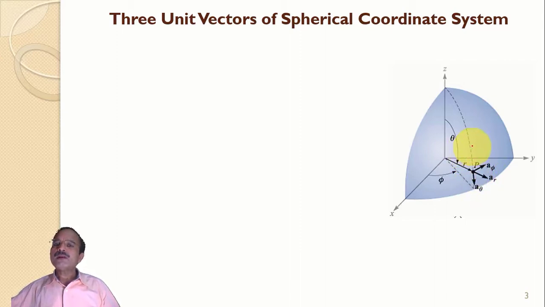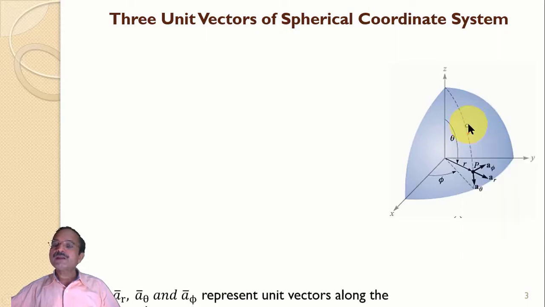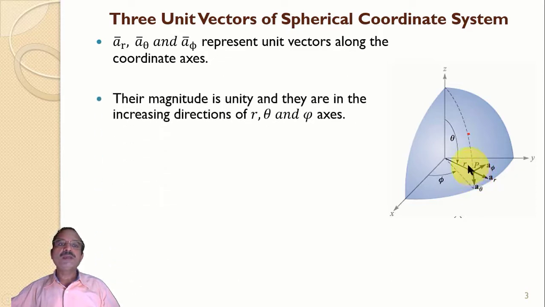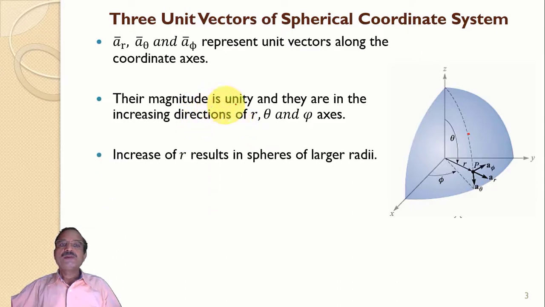Now for some other value of theta, these unit vectors may be here. So at this point, these unit vectors will be different. So the direction of unit vectors keeps on changing for various values of theta. But at any point, the three unit vectors are always perpendicular to each other. The magnitude of a unit vector is unity.